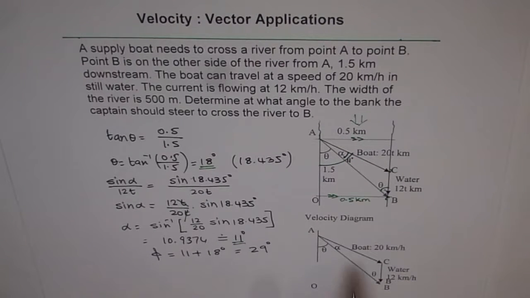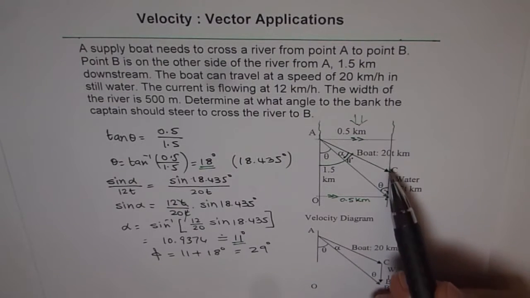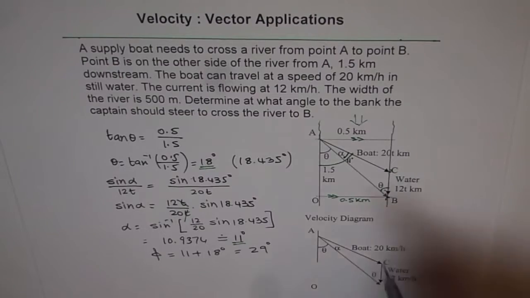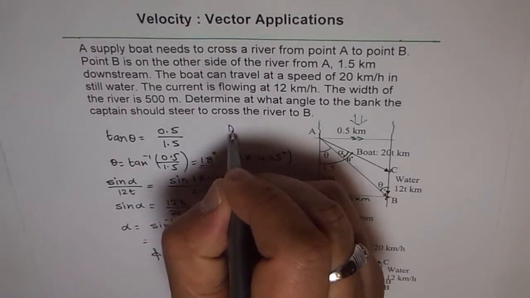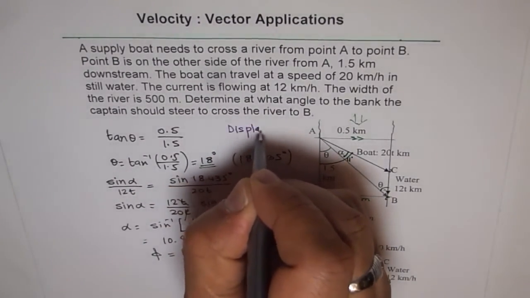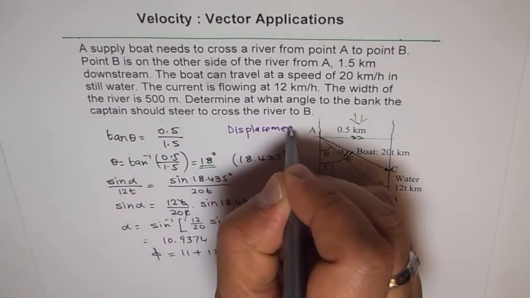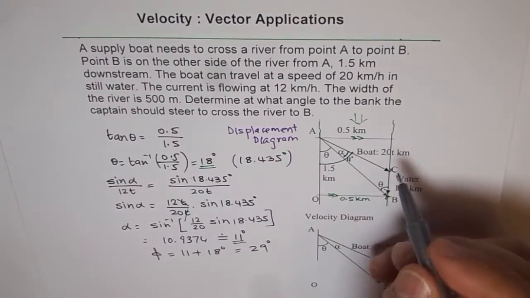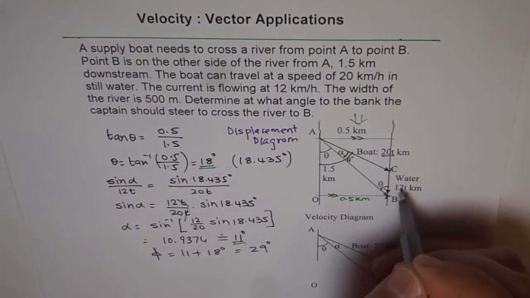This is it. So what I have also done here, so this is the velocity diagram which I have shown you down here. Initially we were working with displacement diagram, correct? So that I will call displacement diagram, since we had multiplied by t, right?